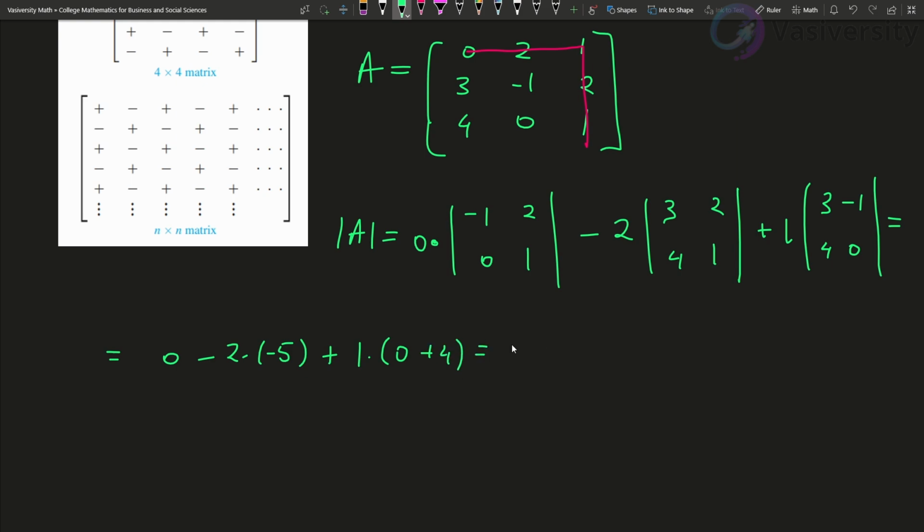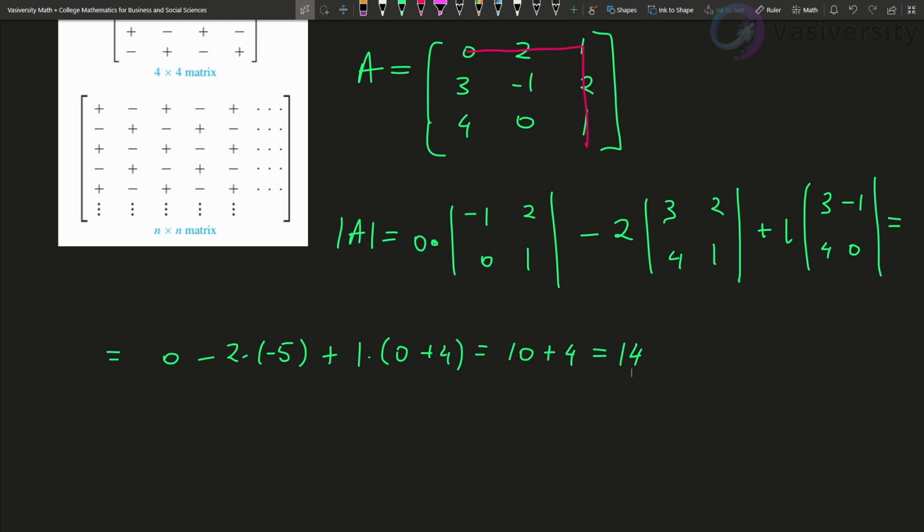So we're going to have 10 plus 4, which is equal to 14. So the determinant for the 3 by 3 matrix is 14. Perfect. We can do the same thing for the 4 by 4 and so on.